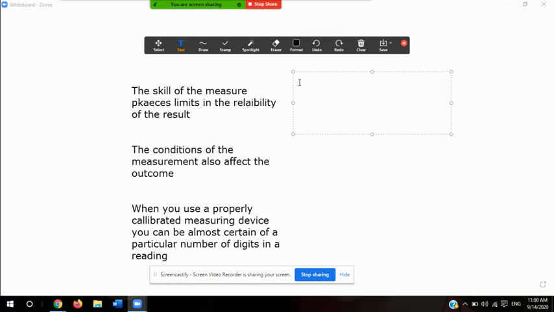It says significant figures in a measurement consist of all digits, so a significant figure consists of all the digits known with certainty.